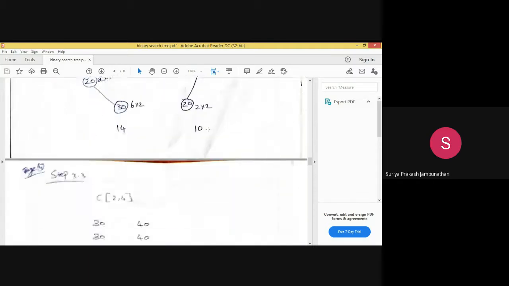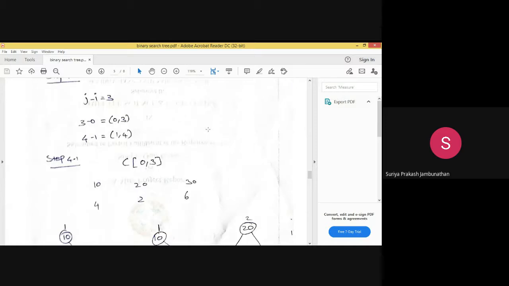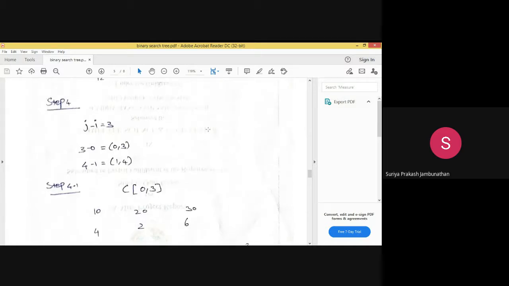Step 3 got over. We are moving to step 4. When we come to step 4, we have to check with a formula, because we are getting different combinations. We can take 3 values, because the k value becomes 3.